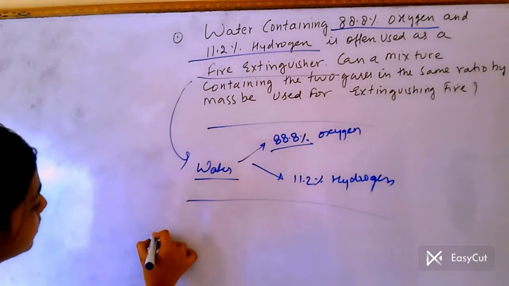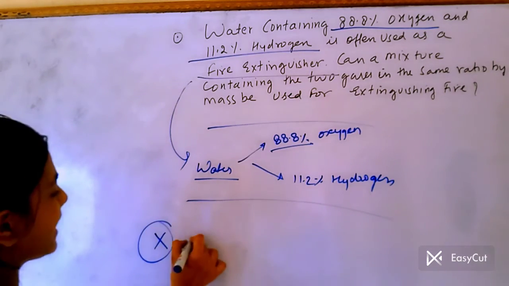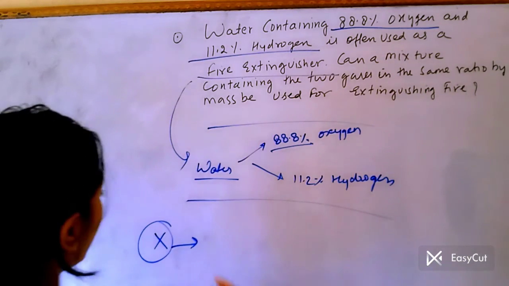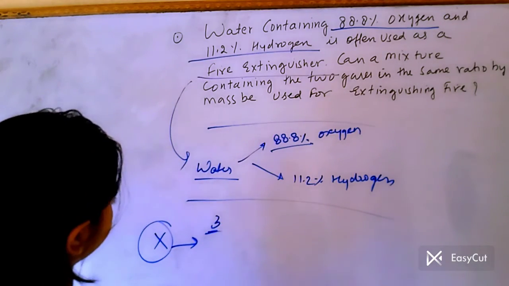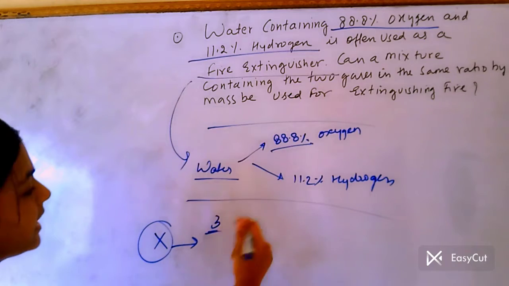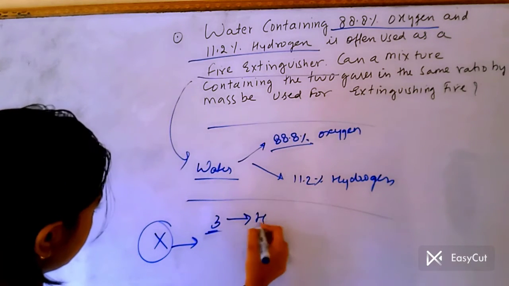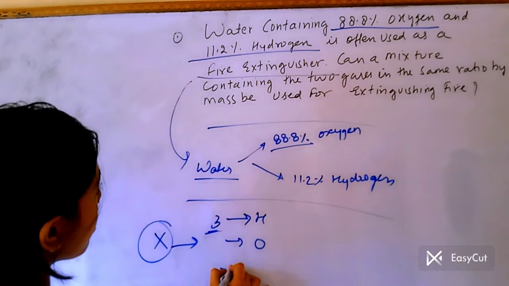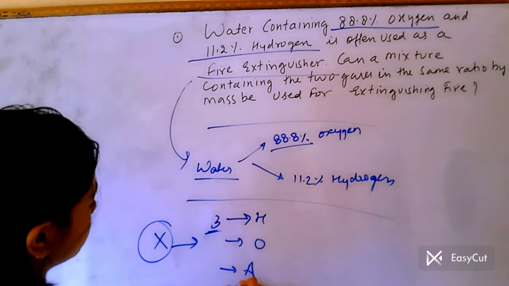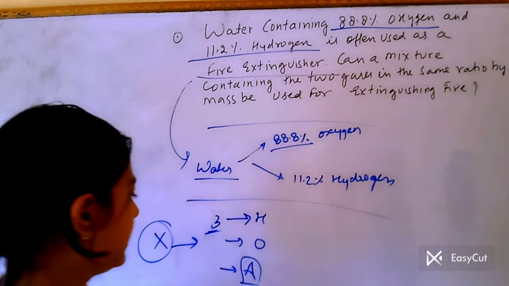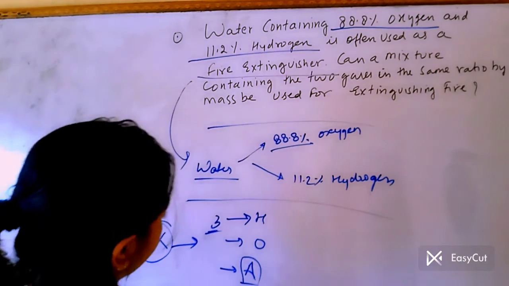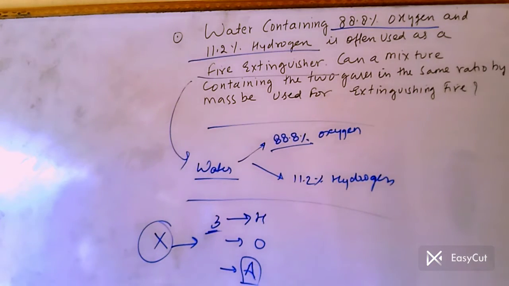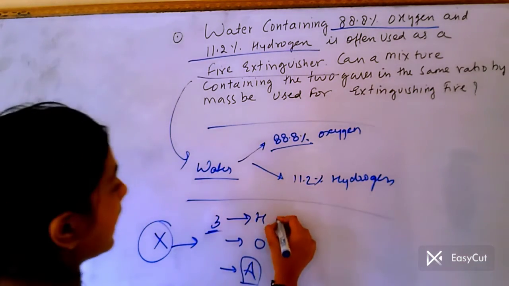A mixture, let's say the mixture is X, and this X mixture contains three components. In it there is hydrogen, oxygen, and any other substance. X mixture contains three components: hydrogen, oxygen, or any other component you can take.